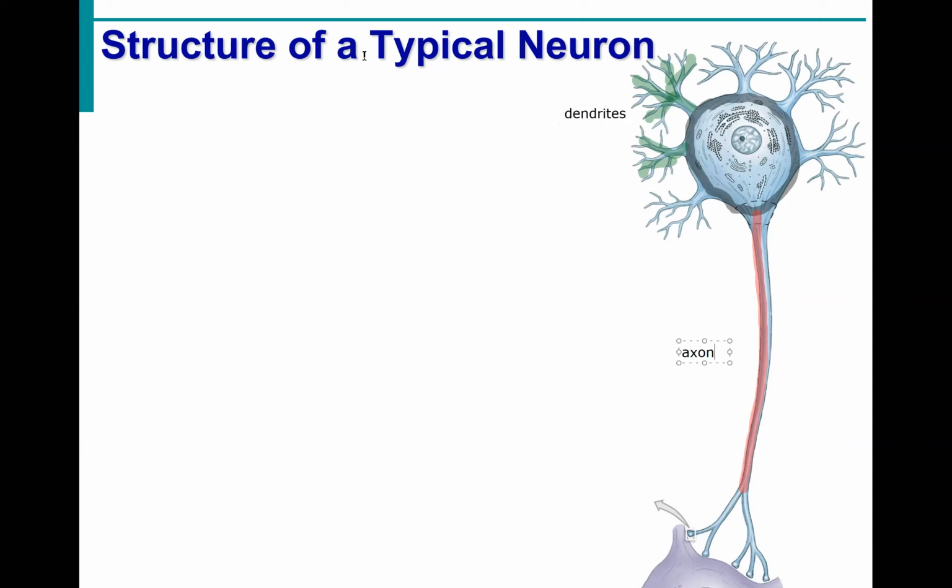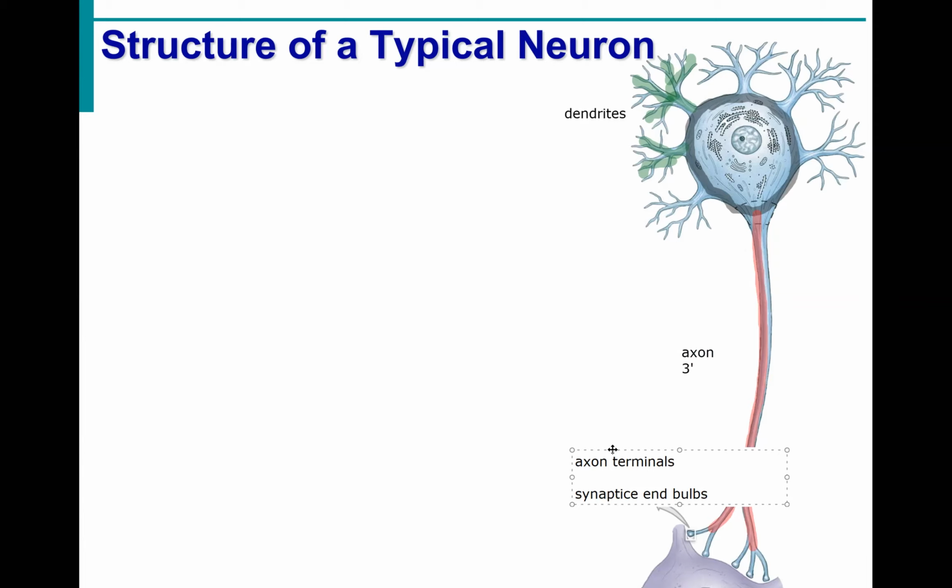That axon is the specialized part. That axon is the one that can be up to 3 feet in length. And it is single and it is unbranched. But as we also talked about at the end, it does eventually branch into those axon terminals.